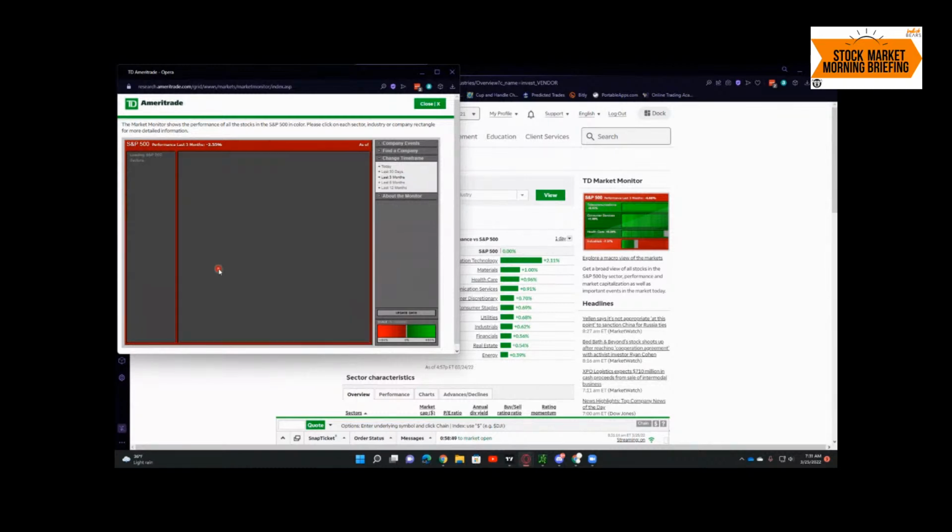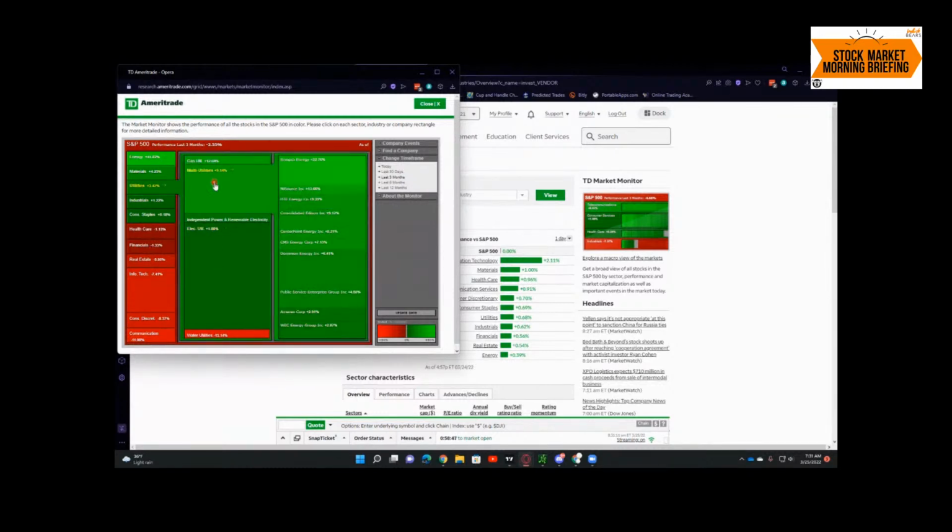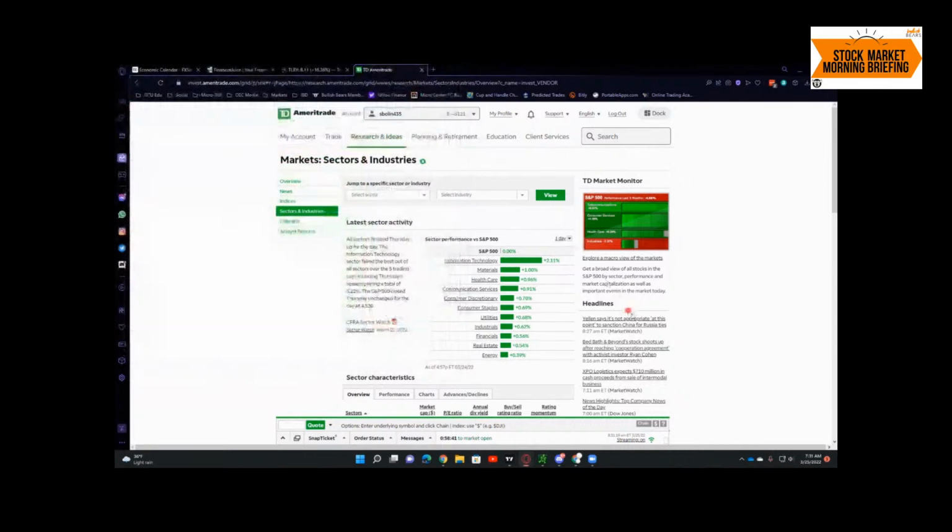This can help you do a little bit of research on capital rotation, money moving in and out of the market, and it's free, right? As long as you got an account. But even without using that tool, it does have the legacy sectors here, and you can set this back 1 week, 1 month.